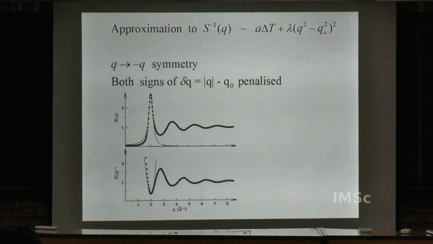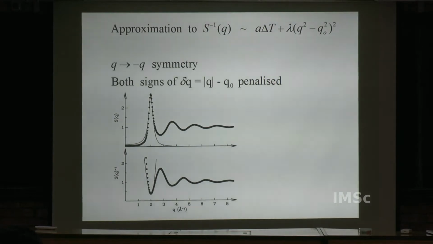Now just going back. Why this model gives you a solid is the following. I should also tell you one thing. This solid liquid transition is actually a first order transition, as we know in normal 2D. You can get a hexatic phase and so on, such complications are there, but basically it's a first order transition.